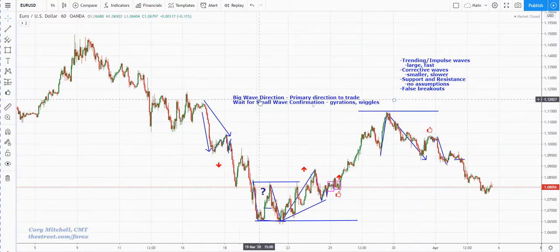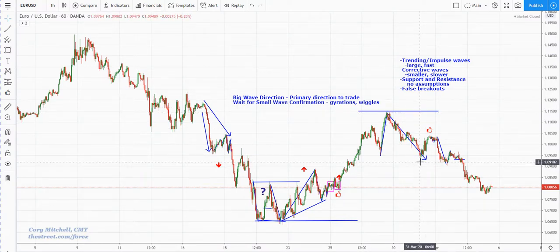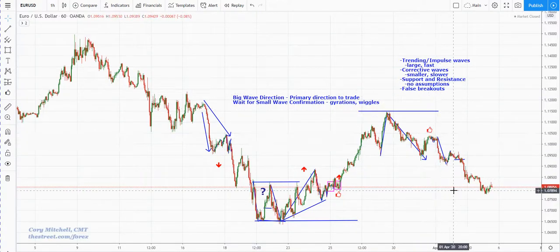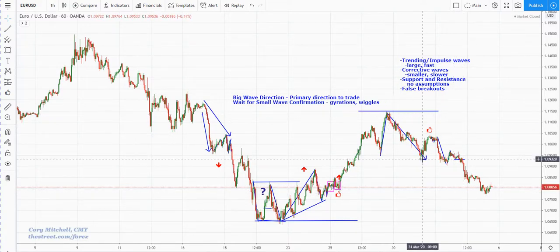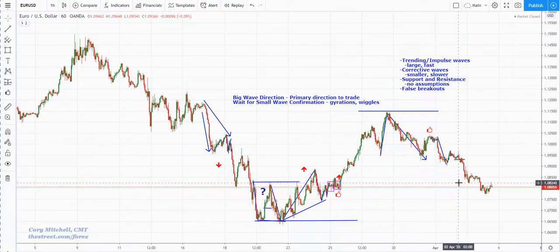So you want to look at the big waves for the direction you want to be trading in, and then you wait for the gyrations or the wiggles to start moving in the direction of the bigger trend. If it's a down move, you're going to wait for bigger moves to the downside, smaller moves to the upside in the wiggles. That's going to give you confirmation to go short.